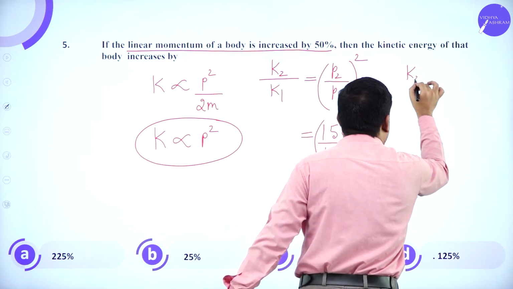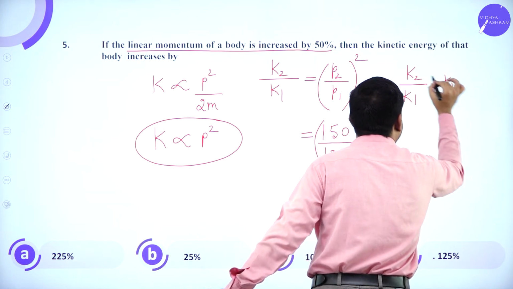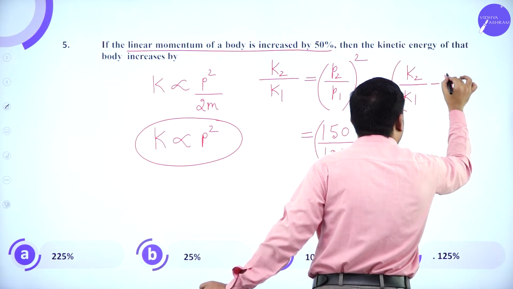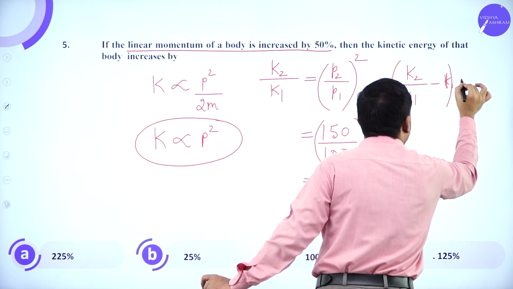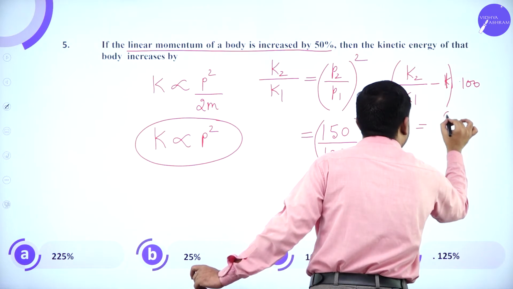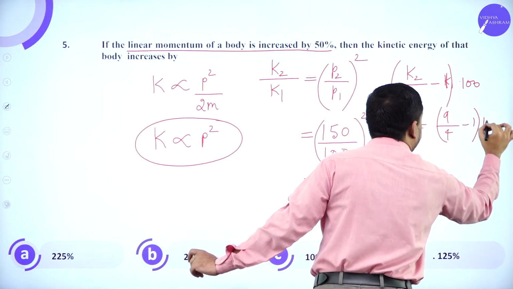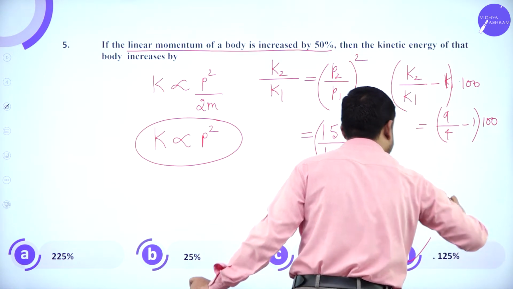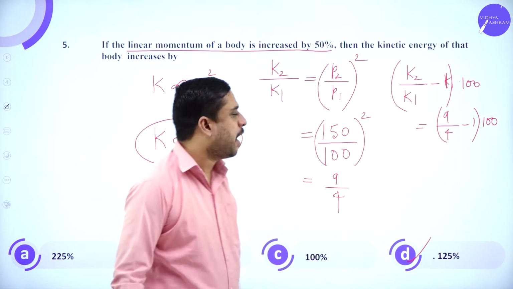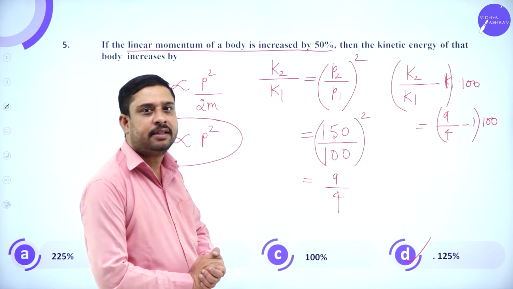So, (K2 minus K1) by K1 into 100 equals (9 by 4 minus 1) into 100. So, on simplification, 125% will be the answer.